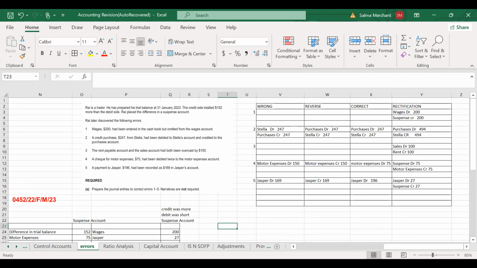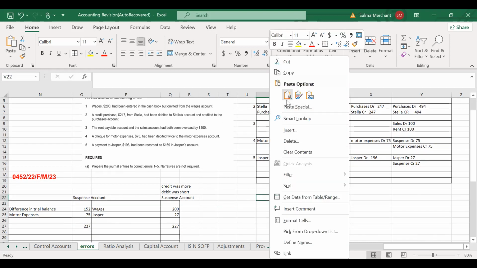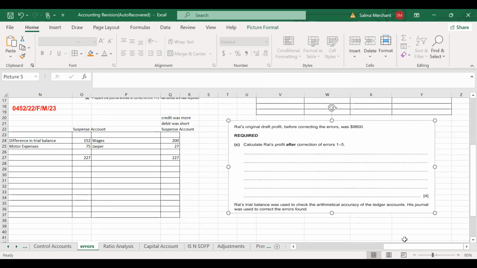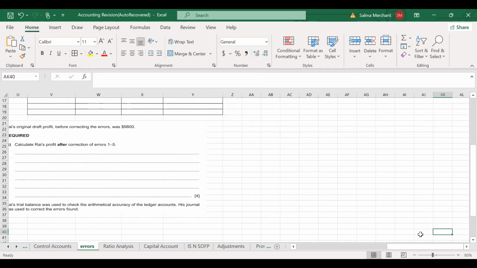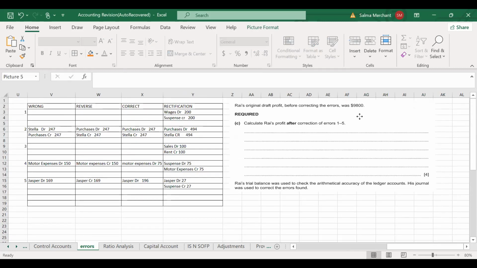So you were asked to prepare the journal entries and the suspense account. Are you with me? Then there was this next part of the question. What are they telling you? Read it, please. Rise's original draft profit before correcting the errors was 9,800.